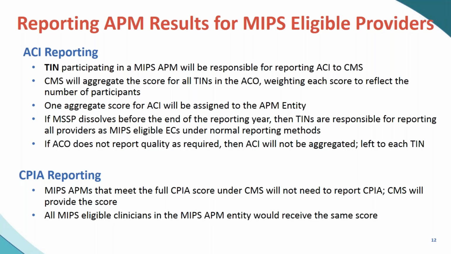If for some reason your shared savings program ends before the end of the year, then each TIN is still responsible for reporting all the providers in their group to avoid any penalties. And if the ACO does not report their quality as required, then the meaningful use score will not be aggregated.